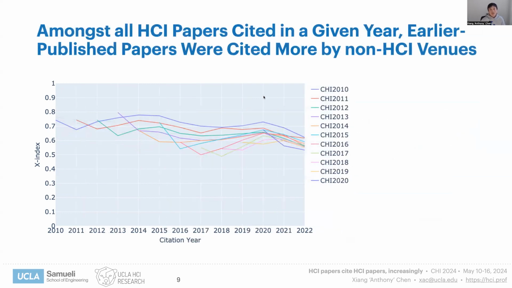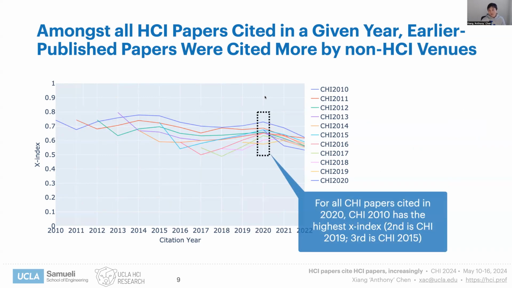We also saw that among all HCI papers cited in a given year, the earlier published papers were cited more by non-HCI venues. What does this mean? Let's look at this year, 2020. For all the CHI papers cited in this year, CHI 2010 has the highest X-index, followed by CHI 2019 and CHI 2015.